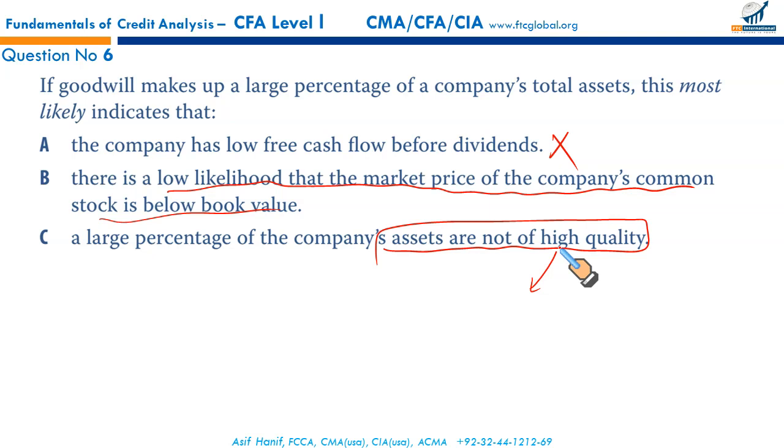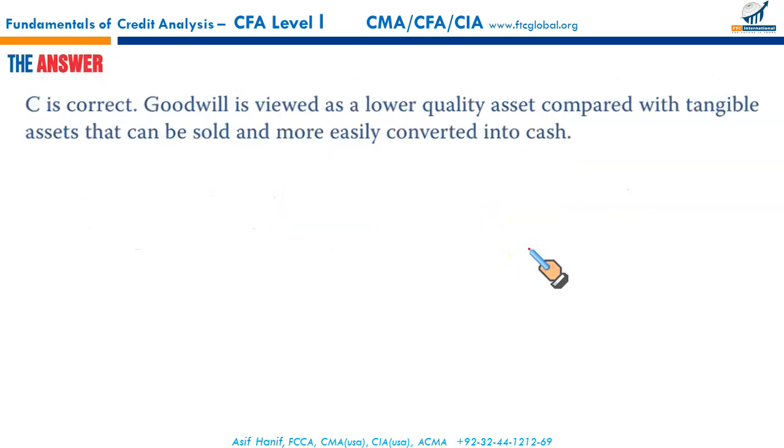Because intangibles like goodwill are considered a lower quality asset compared to physical plant and machinery and real estate. So they are considered to be better than goodwill, because they can be easily sold and can more easily be converted into cash than goodwill. That's why intangibles like goodwill are not considered of high quality. So that makes C the correct option.